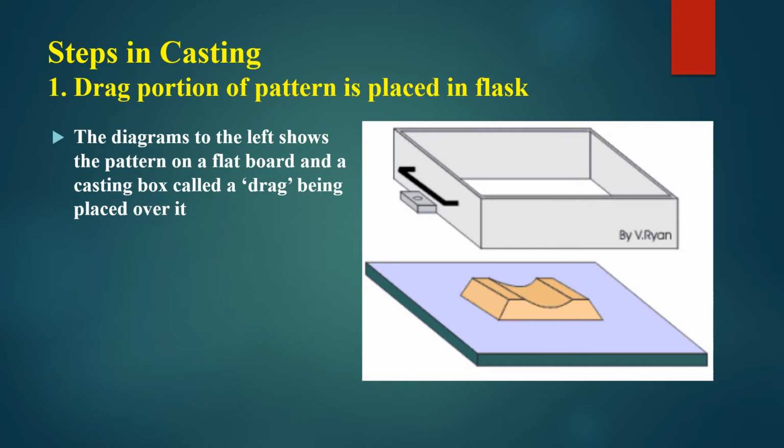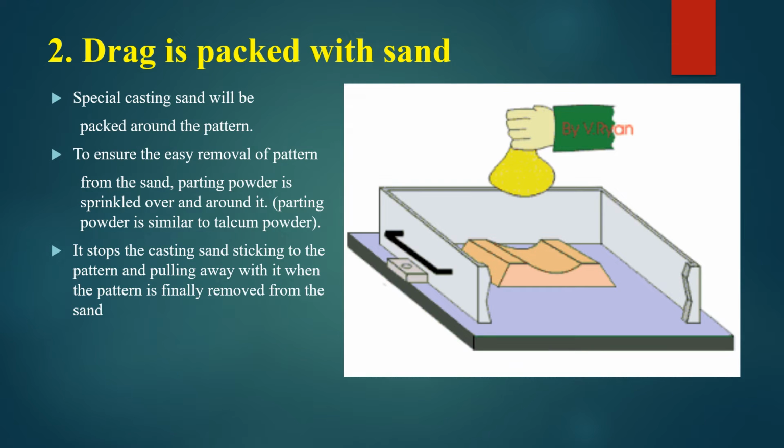Now steps in the casting. First of all, the drag portion of the pattern is placed in the flask. The diagram to the left shows the pattern on a flat board and a casting box called a drag being placed over it. Secondly, the drag is packed with sand.